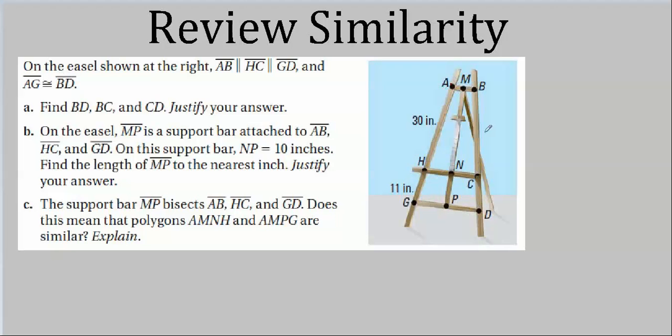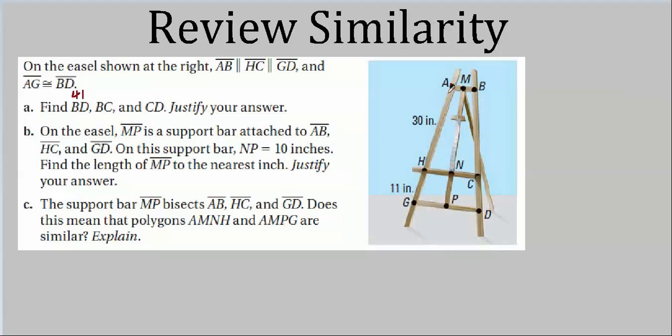Here's AG, and here's BD, so these two have the same length. First question, find BD. Well, they just told us that AG and BD are congruent. What's AG? 30 plus 11 is 41. So BD here must be 41.